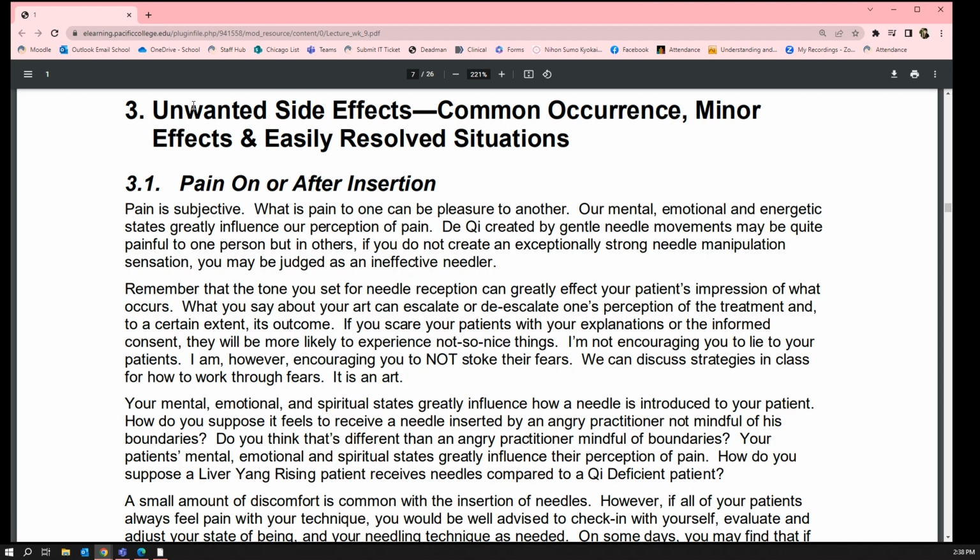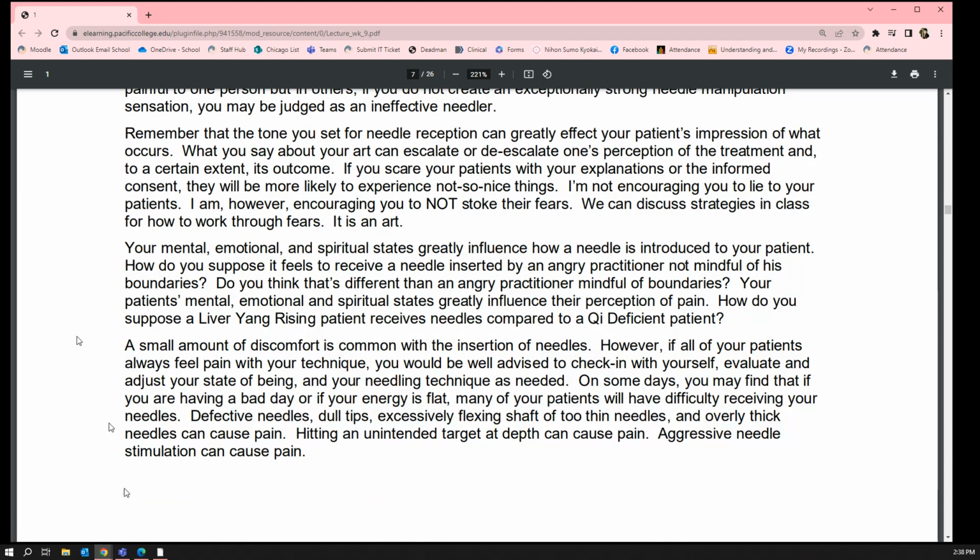Keep in mind that we are inserting a sharp object into the patient's body. So the notes say here a small amount of discomfort is quite common with the insertion of needles. That is true. But this should not be every patient, every needle, every time. If that is the case, it's not them, it's you.